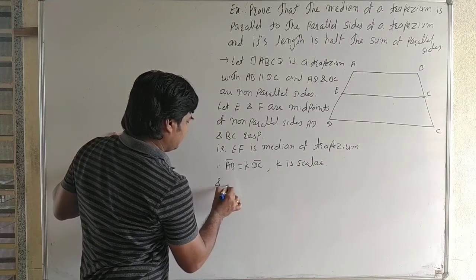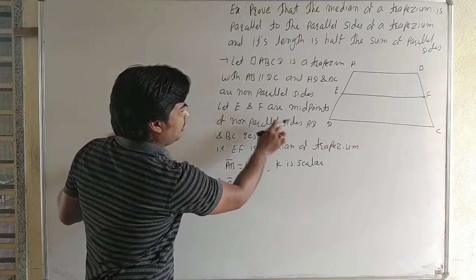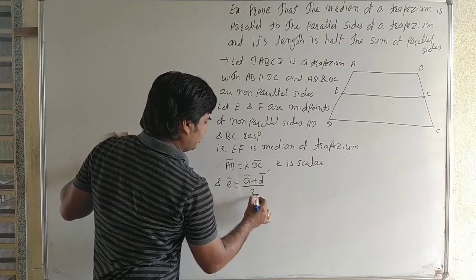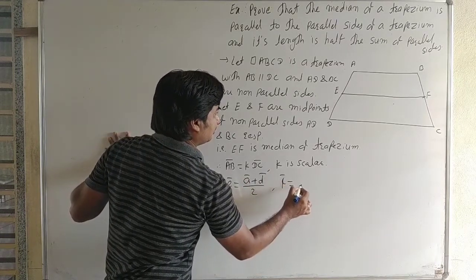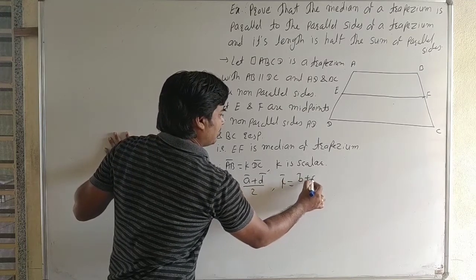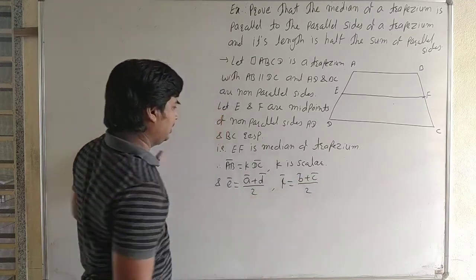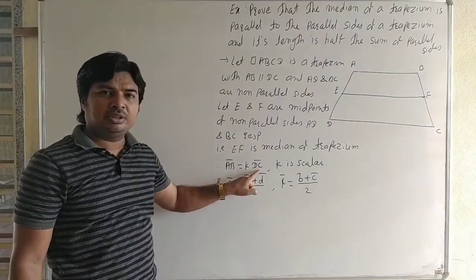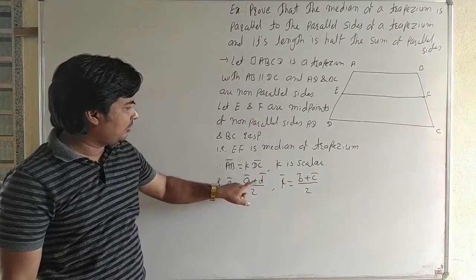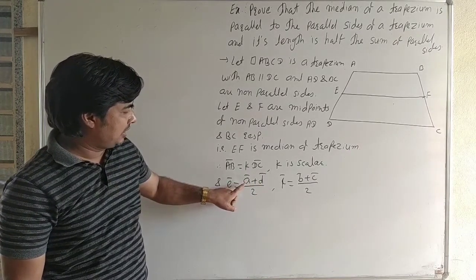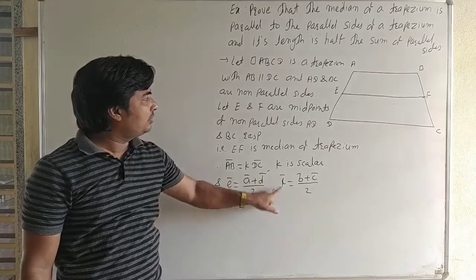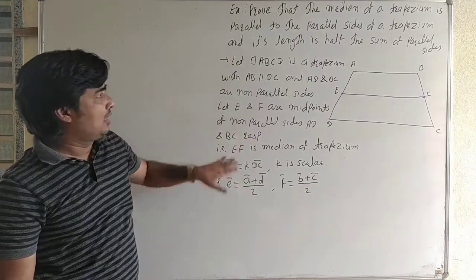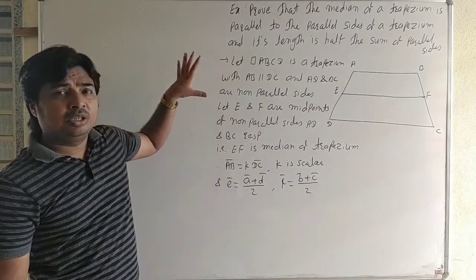E is the midpoint of AD, therefore E bar is equal to (A bar plus D bar) upon 2, and F is the midpoint of BC, therefore F bar is equal to (B bar plus C bar) upon 2. This can be written from the given conditions.